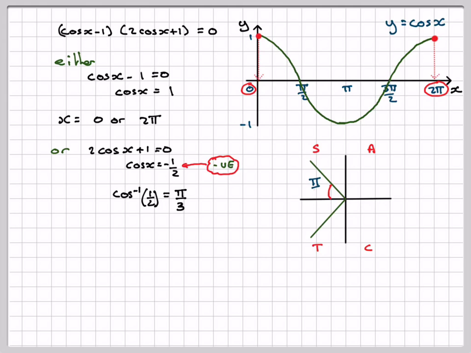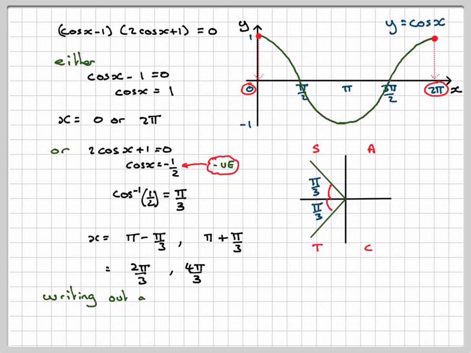So we draw our angle, making our angle with the x-axis pi by 3, pi by 3. So we're going to have x is pi minus pi by 3, and then pi plus pi by 3. Pi minus pi by 3 gives 2 pi by 3, and then pi plus pi by 3 is like having 3 pi over 3 plus pi by 3, which is 4 pi by 3.